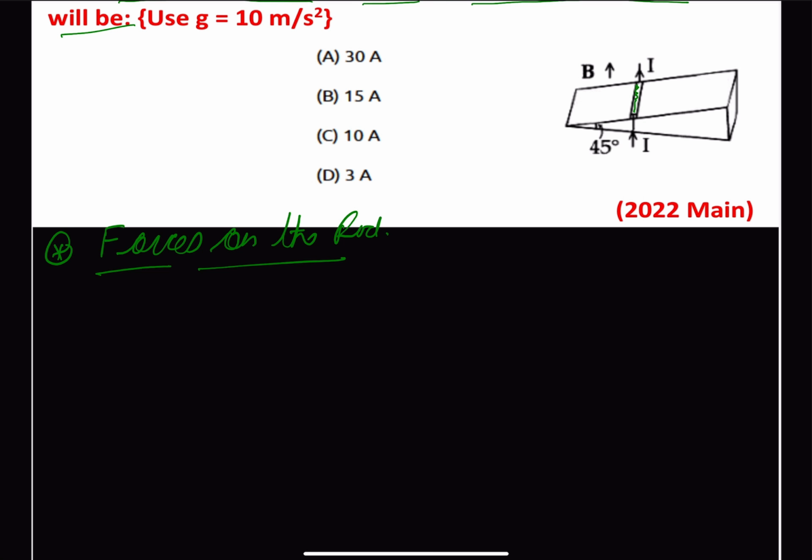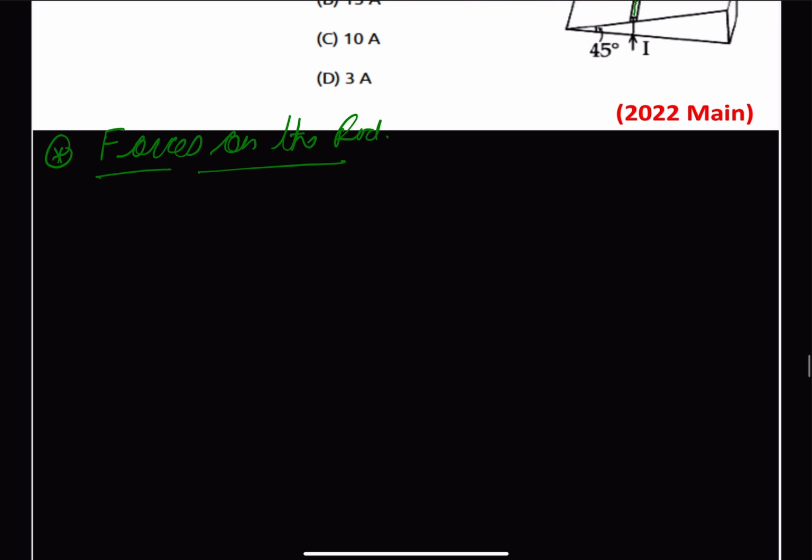First will be the gravitational force, or rather we can say gravitational force component.